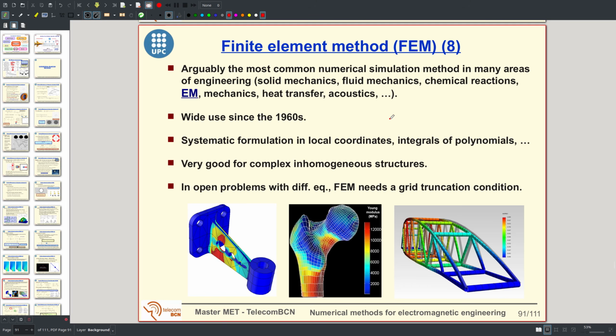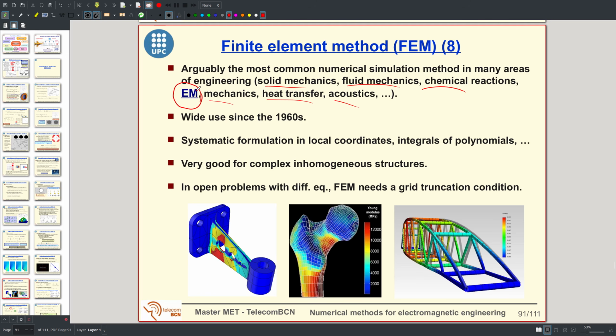And as I told you before, the finite element method is really the most commonly used method for numerical simulation in many areas of engineering, and not only engineering, but also chemistry, physics, etc. But in engineering, you have solid mechanics, structural mechanics, fluid dynamics, heat transfer, acoustics, also electromagnetic waves.